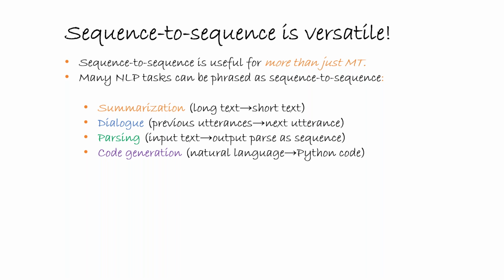We have dialogue generation, where given previous utterances we want to predict the next utterance. We have parsing, where we have certain input text and want to output parts as a sequence. Again, something like code generation, where you give natural language and it gives you Python code, right? Very interesting problems are being solved using seq to seq models.